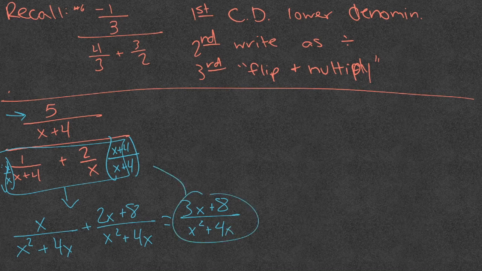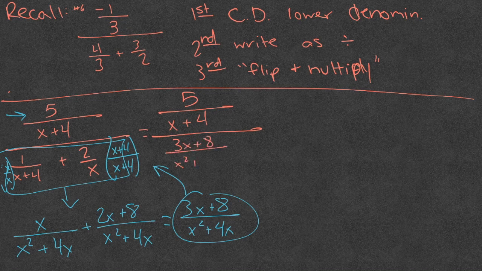We are now going to take that and replace it into that piece because they are the same. All we did was add it together. So now we have 5 over x plus 4 all over that 3x plus 8 over x squared plus 4x.